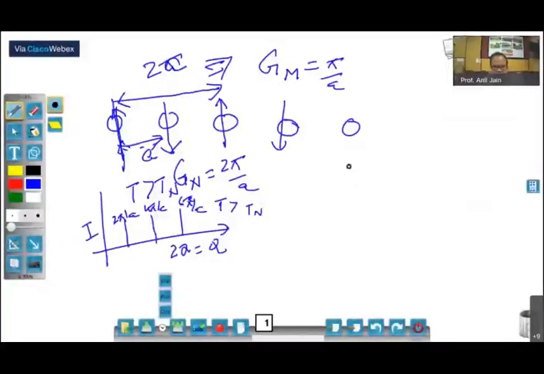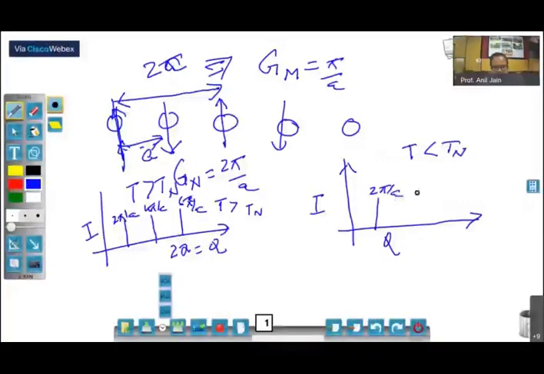Now suppose I do the experiment below TN, then I have intensity versus Q. These are the nuclear reflections.